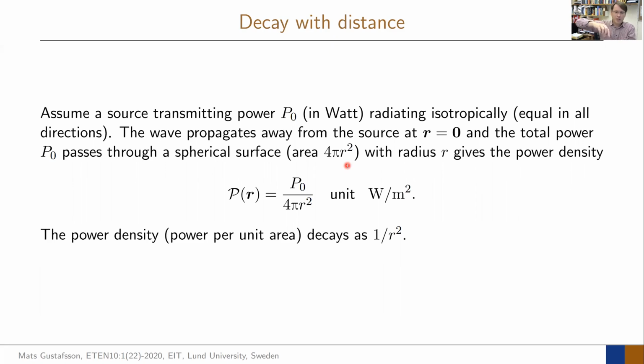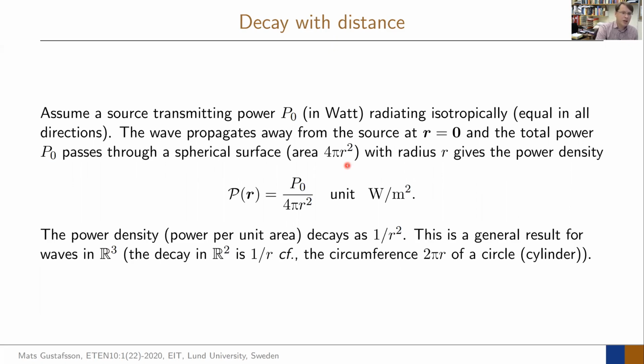So it only spreads out over the circumference of the circle instead, which is 2 pi r. So the decay in 2D is instead 1 over r. And we have exactly the same thing again for electromagnetic waves and acoustic waves. Just a geometry factor, that's it.